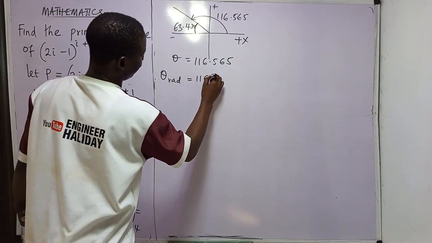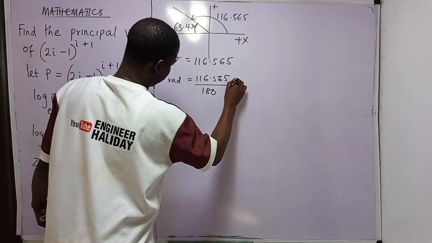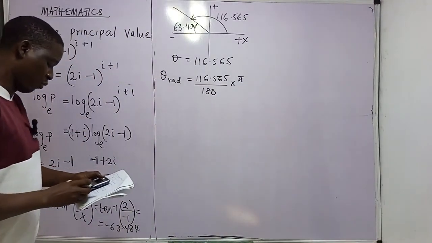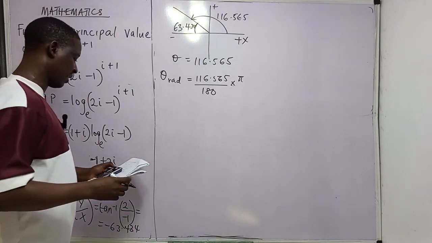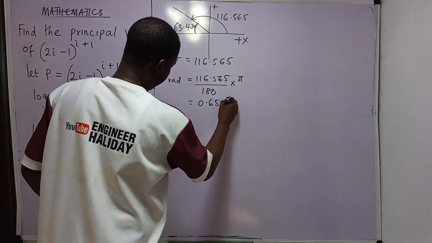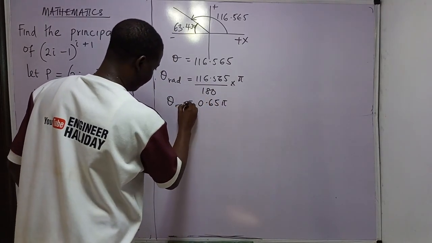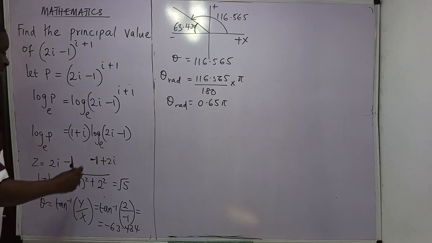116.565 divided by 180 times pi. Let's divide by 180, and we have approximately 0.65 pi in radians. Since we have gotten that in radians, we can now write it in polar form.